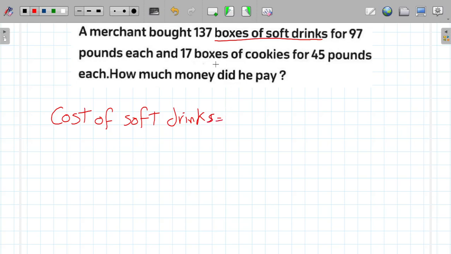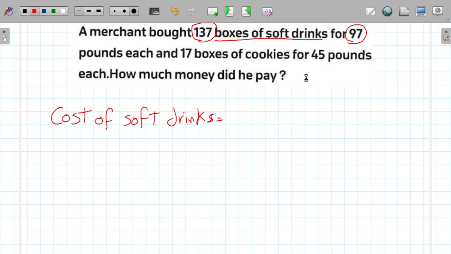Okay, so I have 137 boxes, and every box costs 97 pounds. So I will multiply the number of boxes by the cost of every box.